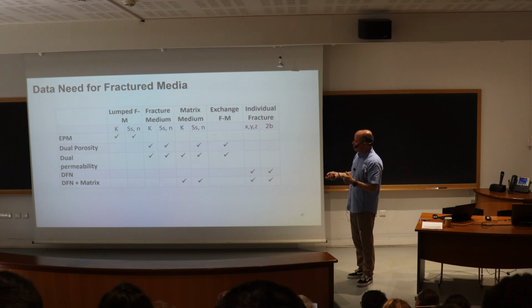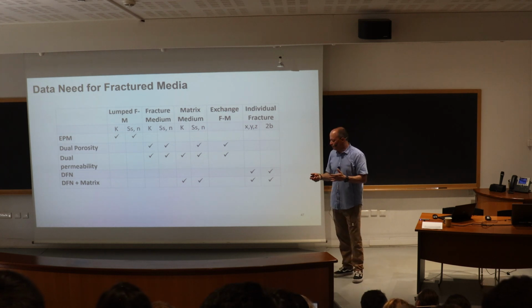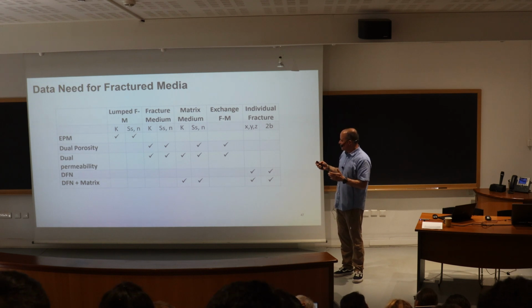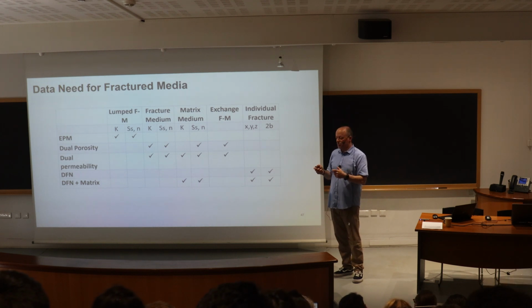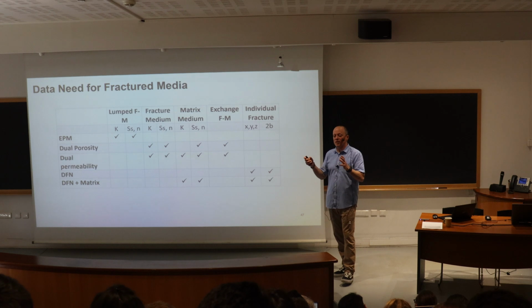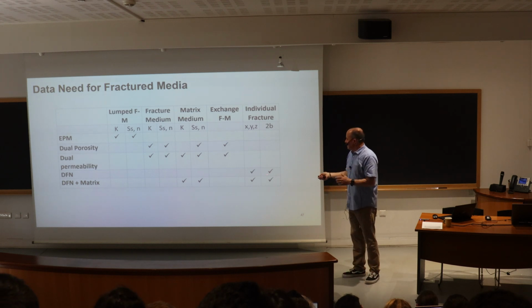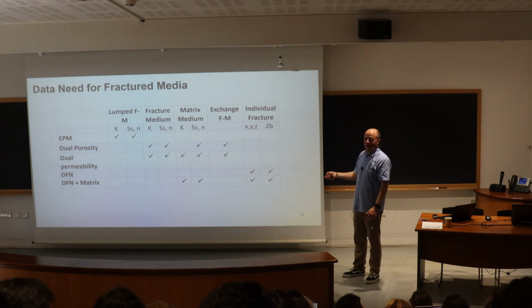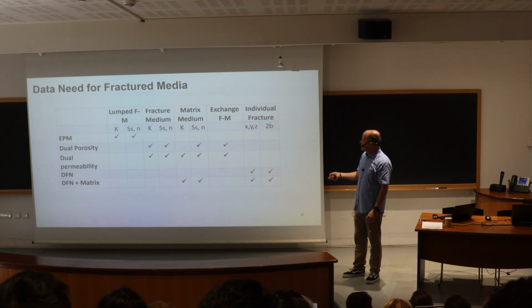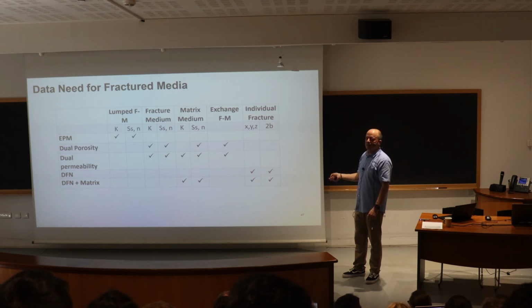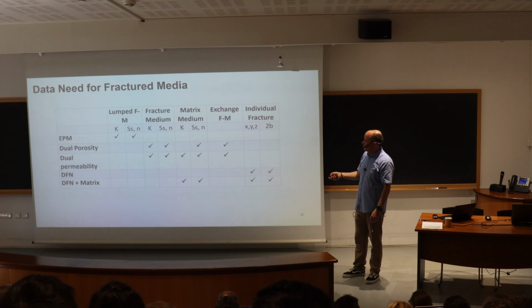I haven't talked too much about discrete fracture network, but in terms of numerical modeling, you will need to identify the location XYZ of individual fractures and also assign the aperture, which could be variable. And in the case where you assume that the matrix is not impermeable or is porous, you will have to define the properties of the matrix.